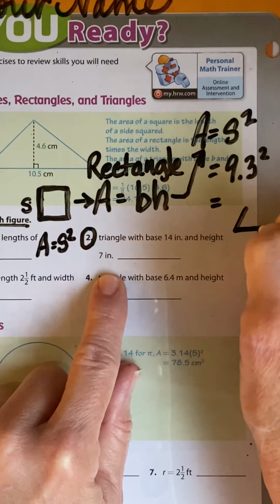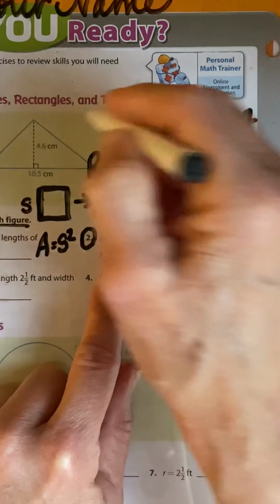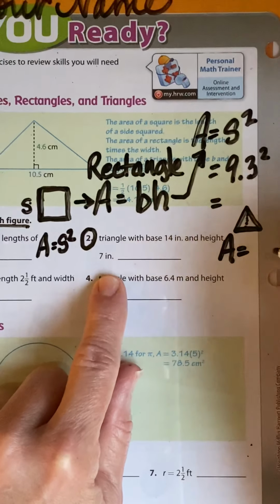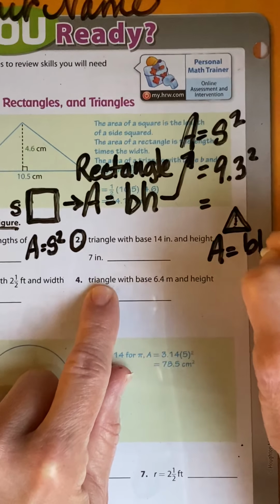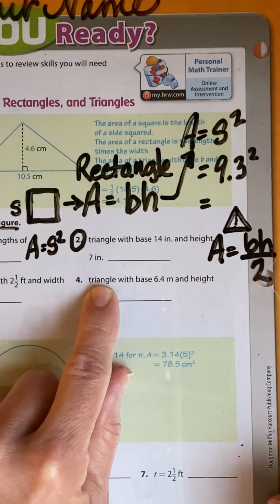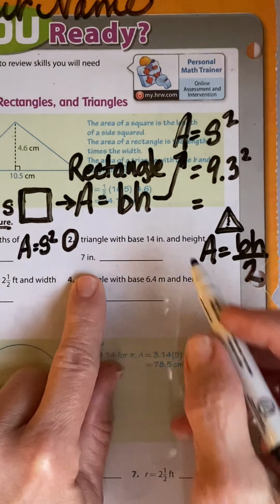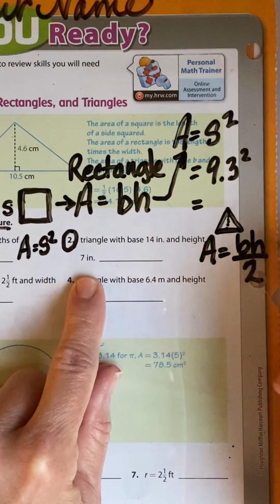We know a triangle has base times height, like it's shown here. So, area of a triangle, as you recall, just as a review, base times height, and then divide it by 2. This gives you a base of 14 goes here.